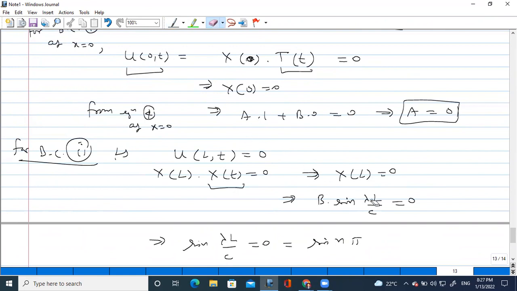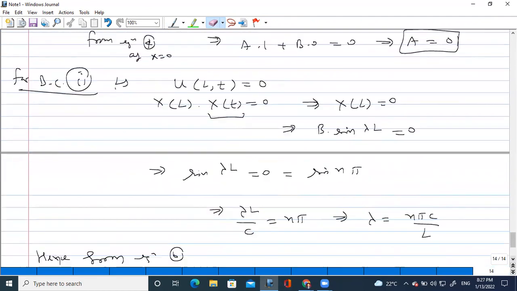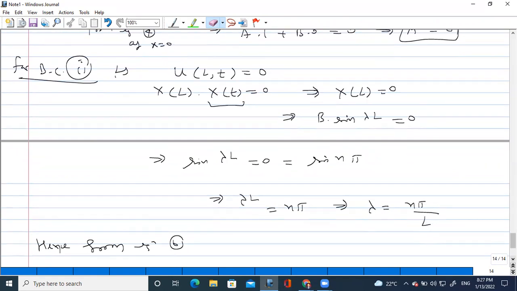So when you are applying this, here c will not be there. So lambda will be n pi by L.